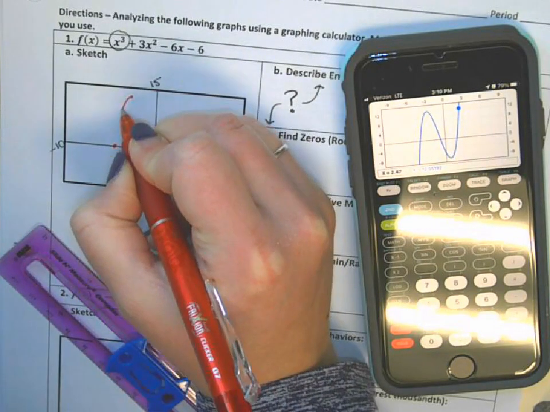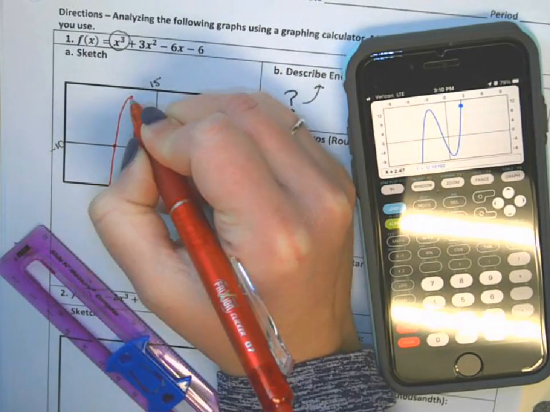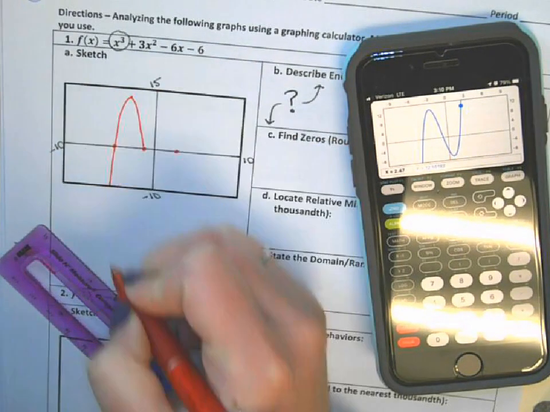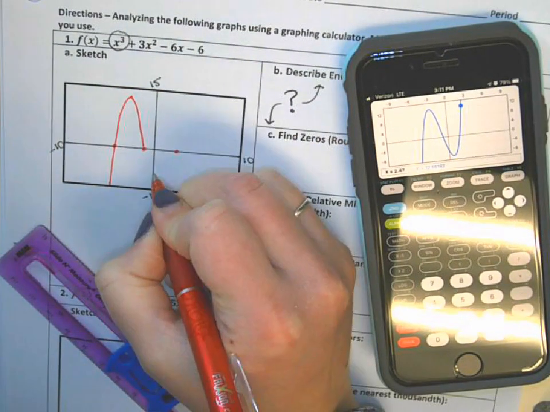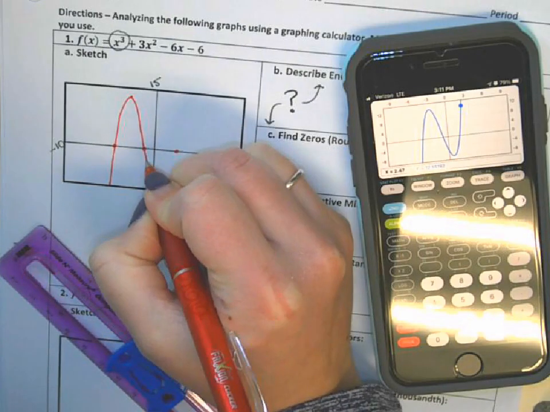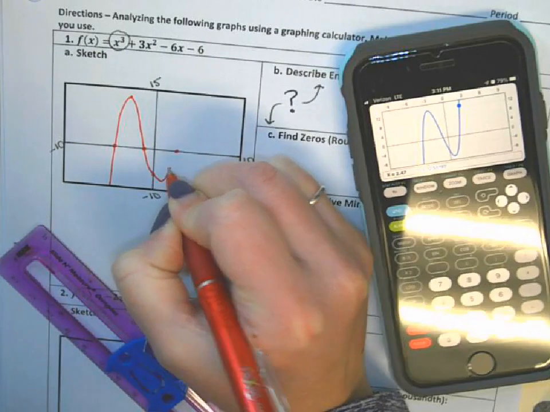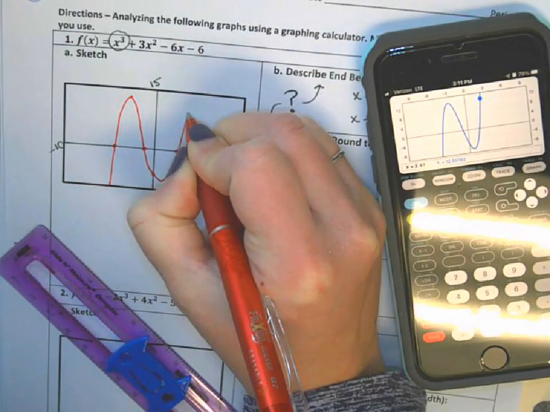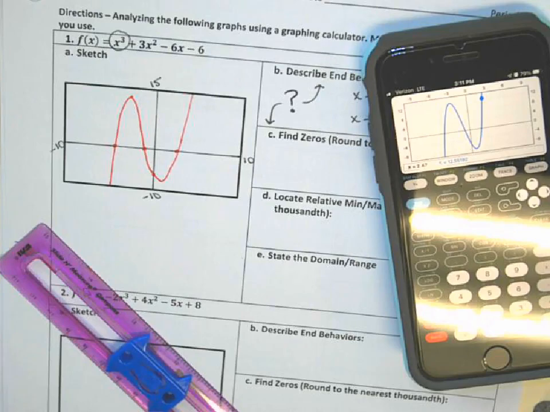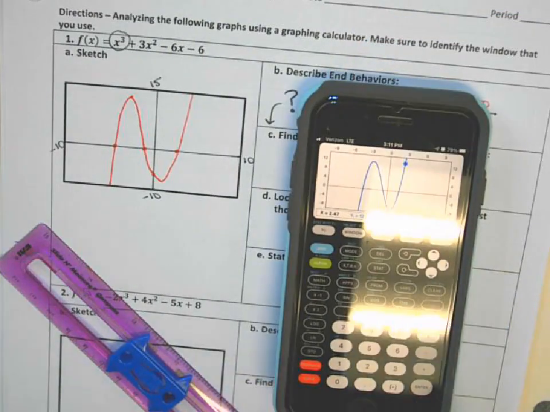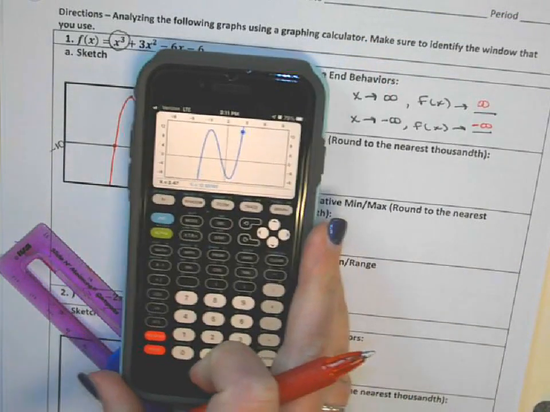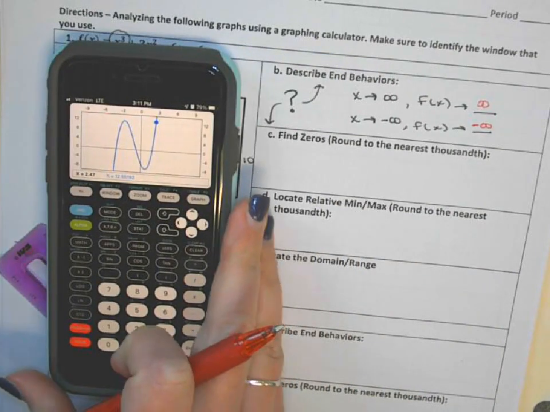And then just connect the points that you see. Where does it cross the y-axis? Right about here. It keeps dipping after that, where it goes to a minimum. So you're just doing the best you can to sketch exactly what you see on your phone or on your graphing calculator. Okay, so then it says to find the zeros.